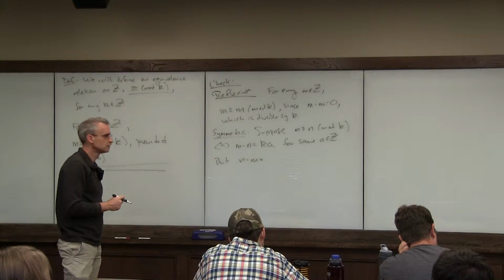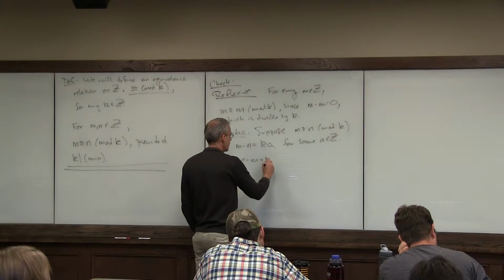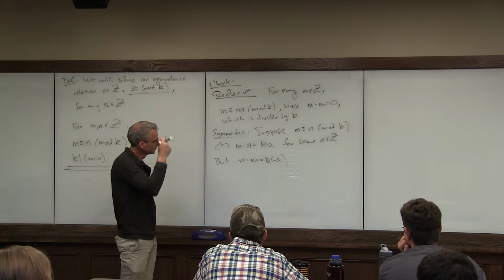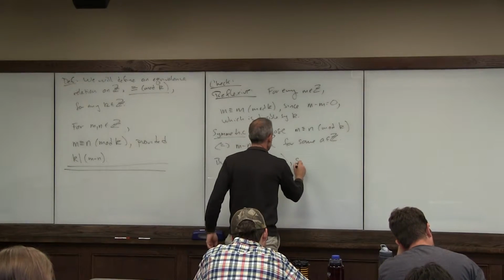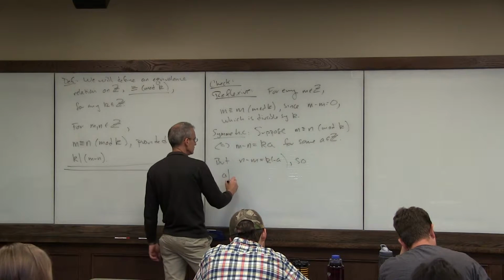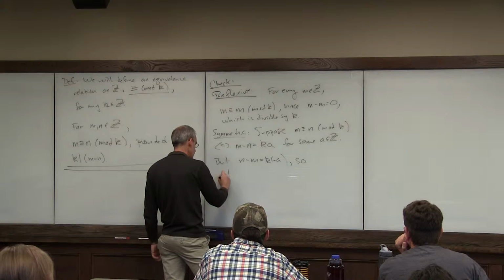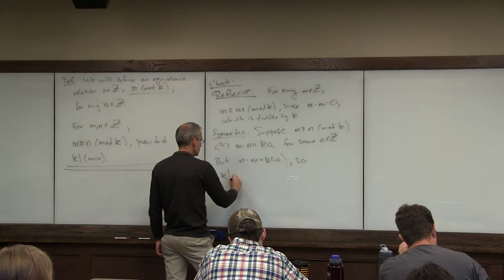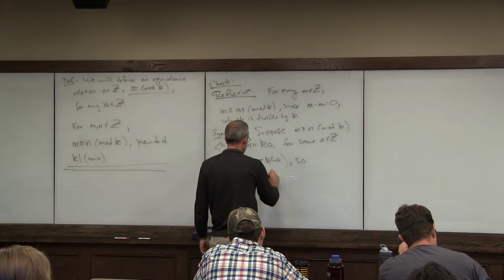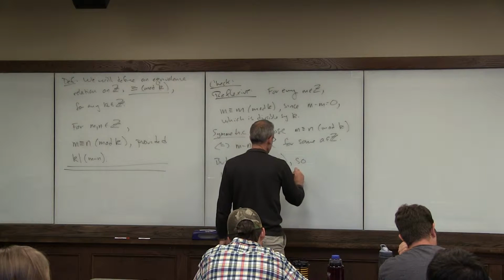Equals negative ak, or k times minus a, whichever way you want to do it. So k divides n minus m, which is equivalent to n equivalent to m mod k.